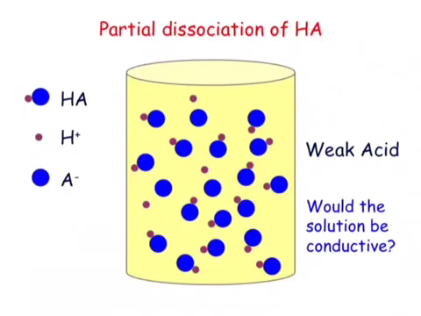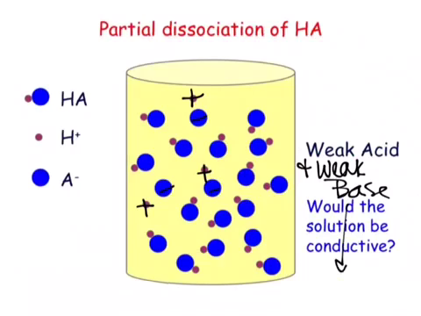When it partially dissociates, we have some of these positives and negatives here, but everything else stays together. So this is in weak acids and weak bases. Would this conduct electricity? Yes, but very little. So it would be a weak electrolyte.